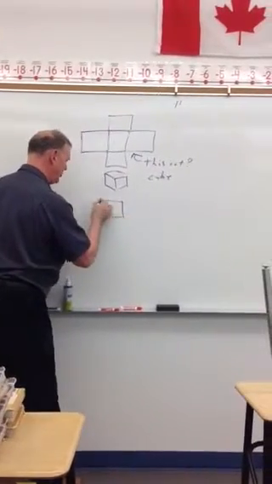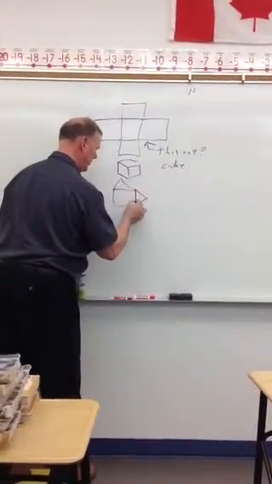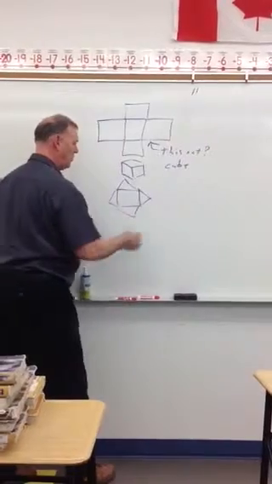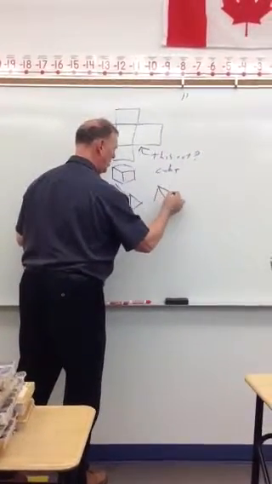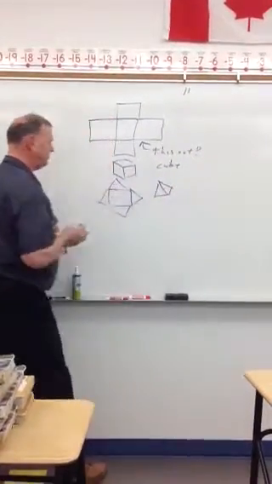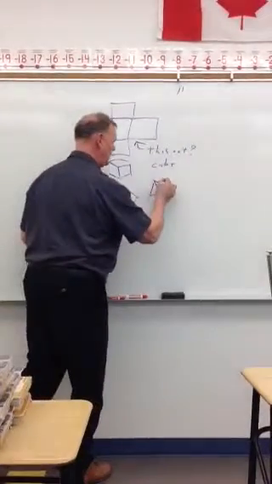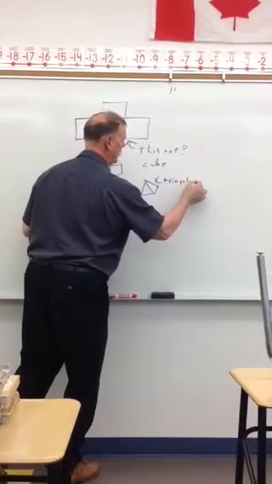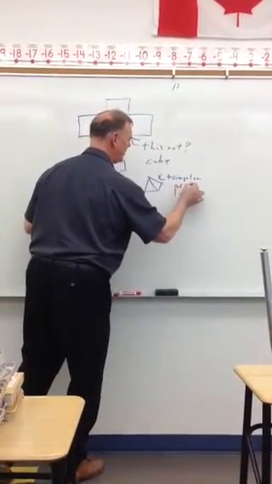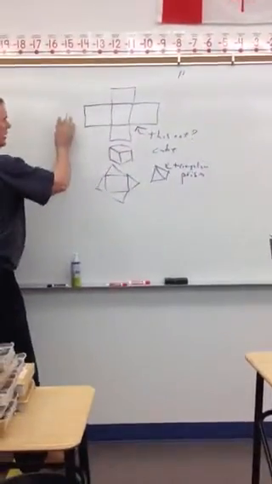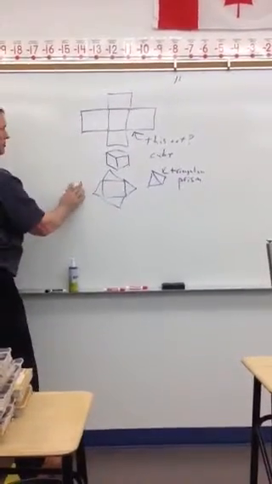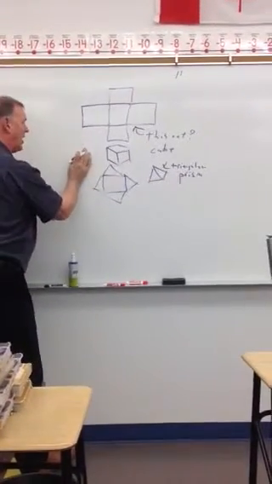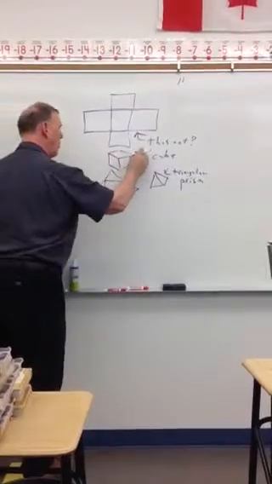So if you have this net, what would that look like in 3D? Well, it would look like that. Right? So what is this? It's a triangular prism. So go over your nets. Make sure you know your nets, and the next set of problems are all about looking at a net and saying what it is.